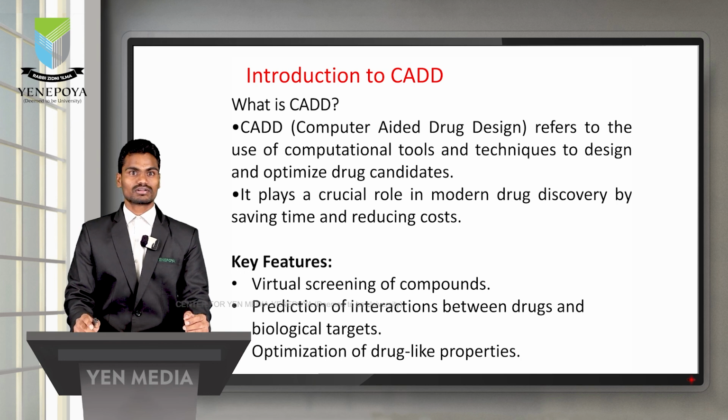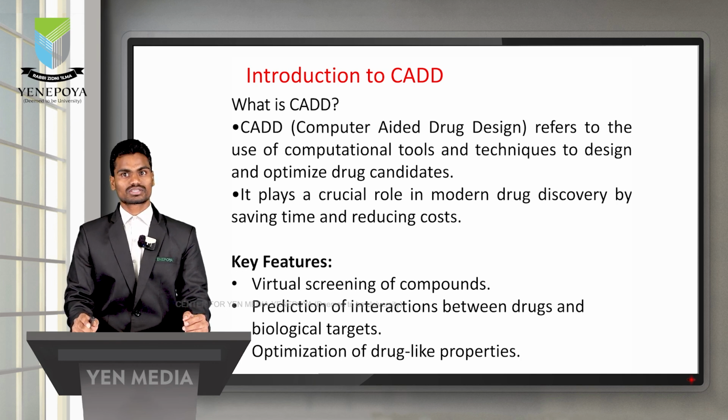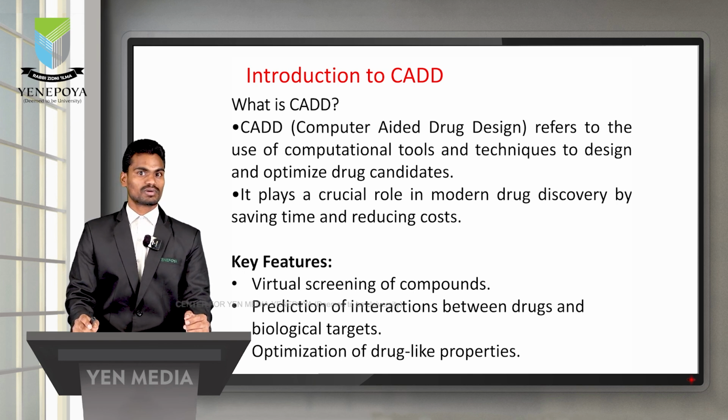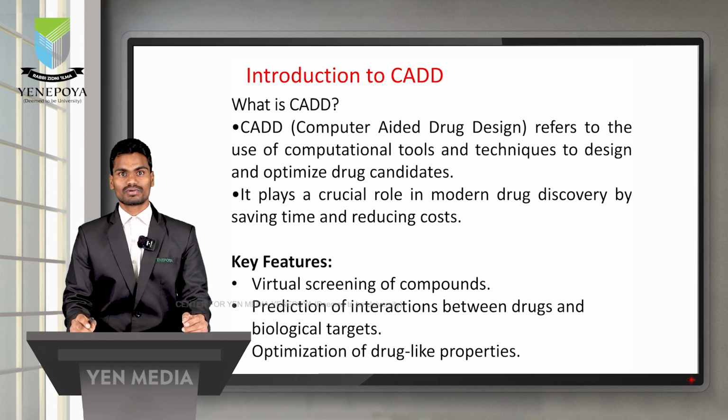After that, prediction of interaction between drugs and biological targets. After the development of the drug compound, we go for prediction of interaction between drugs and biological targets with the help of docking tools. In docking, what we actually do is check the affinity between drug and biological target, and after that optimize the drug compound based upon the information that we obtain after docking.